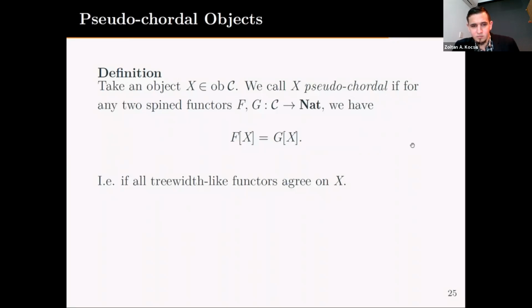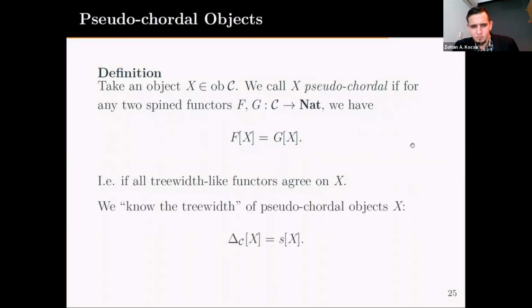They are precisely these objects on which all Treewidth-like functors agree. One way to define delta C on these objects: it must coincide with S, right? Indeed, it must coincide with the value of any spine functor. We have a spine functor S, so we're just going to define the value of delta C on pseudochordal objects X as S of X. And this works.